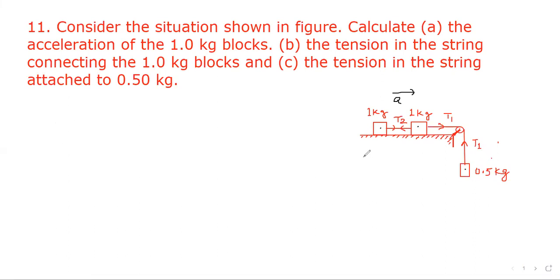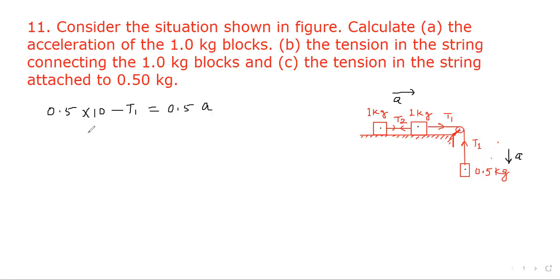If this block is going downward with acceleration A, then 0.5 times 10, its weight, minus tension upward, is the net force due to which the 0.5 kg mass is moving in the downward direction.